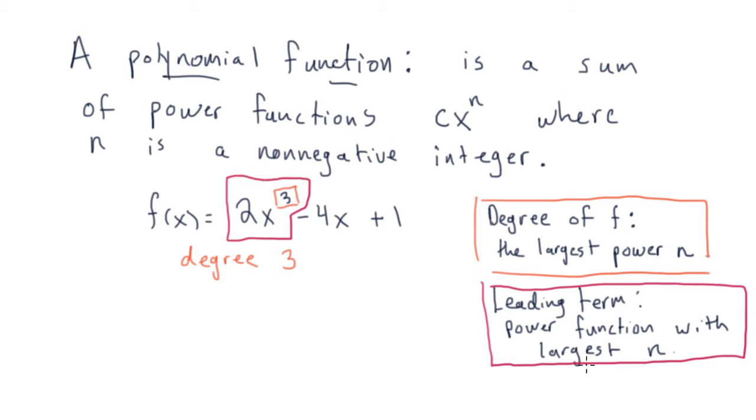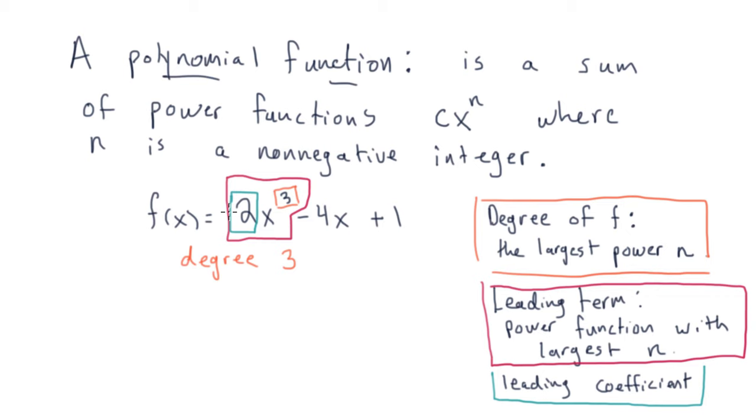That's the leading term. And then finally, we have what's called the leading coefficient. And the leading coefficient is going to be the number that's multiplying the highest power of x in the leading term. So in this case, the leading coefficient is going to be 2. And the leading coefficient is going to play a big role in the end behavior of the polynomial. But we're going to talk about that a little bit later.